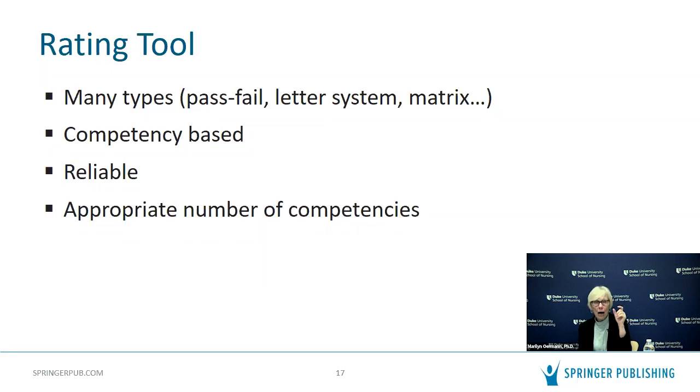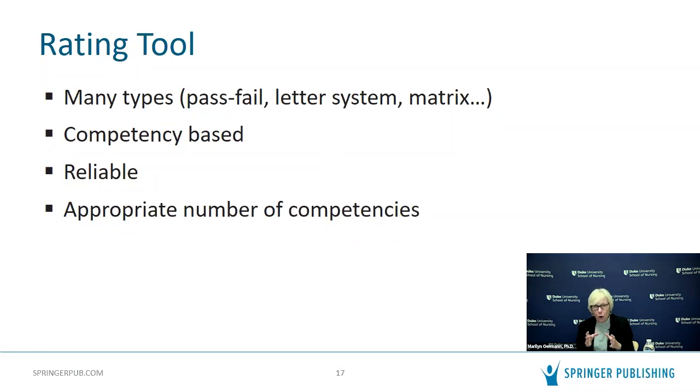Make sure those competencies are measurable. Make sure everybody in your course using the form understands what you mean by those competencies. So it has to be reliable, where people read the form and they know what you're talking about across your many, many sections of a course or used by preceptors. And make sure you don't have too many competencies.